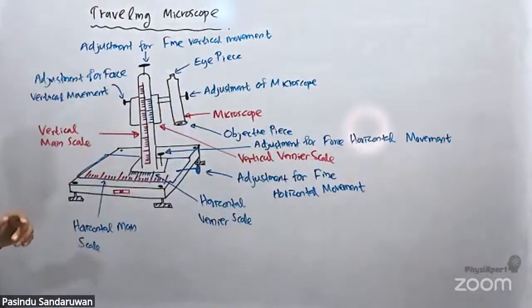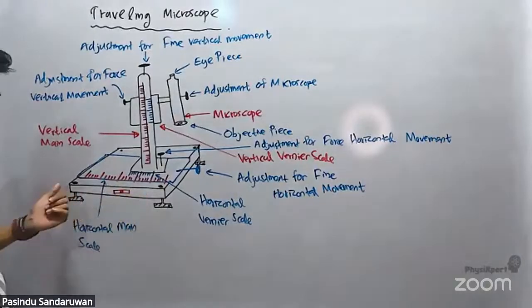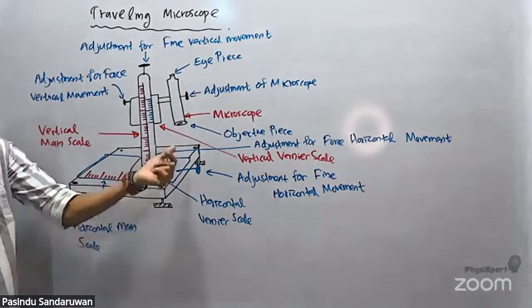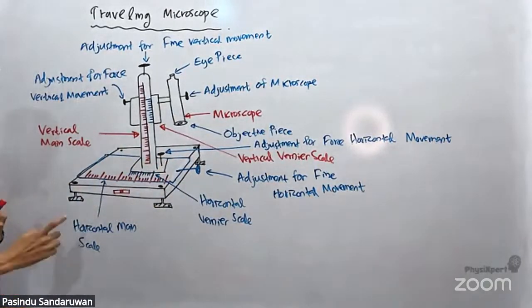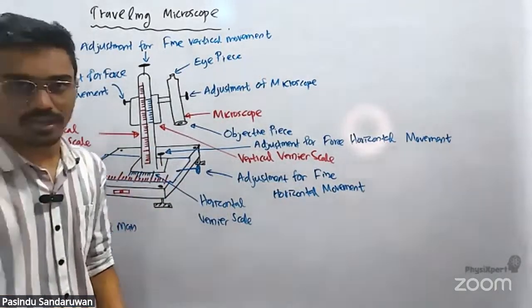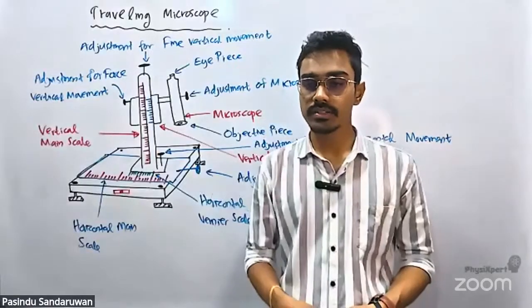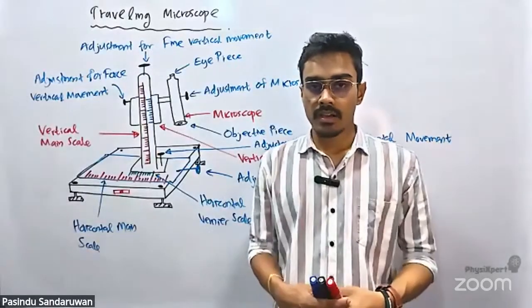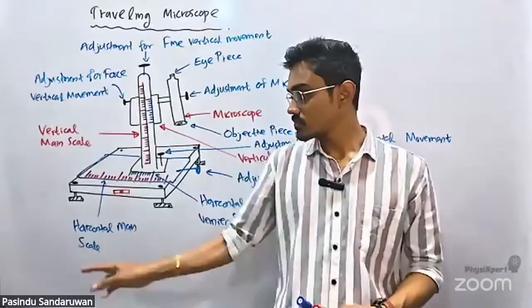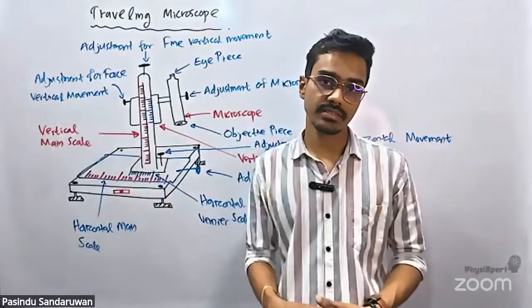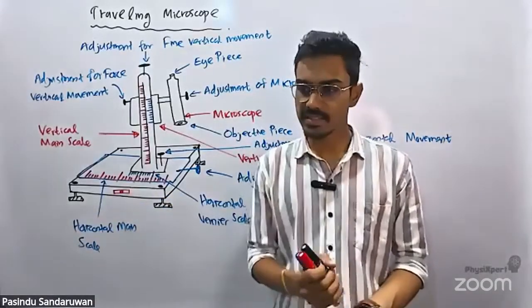And here, 1, 2, 3, 4, there are 4 legs like this. They are called the screw legs of the traveling microscope.